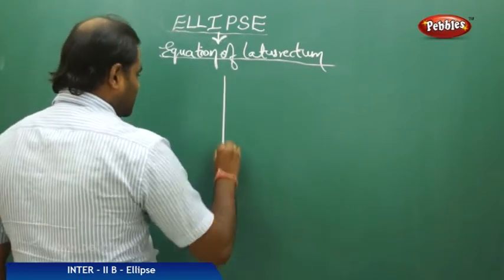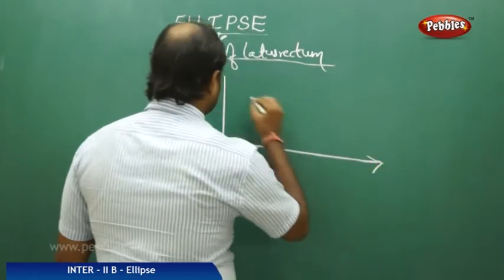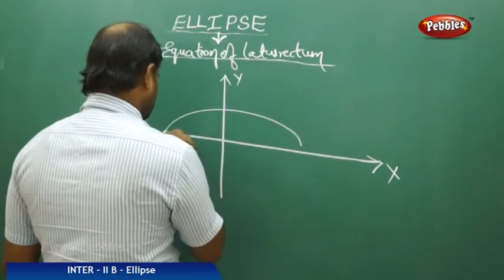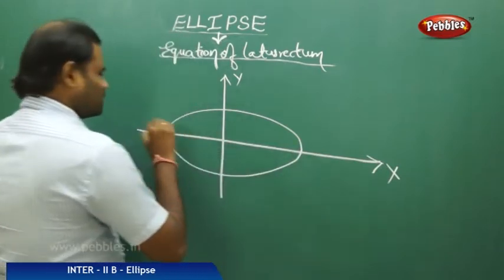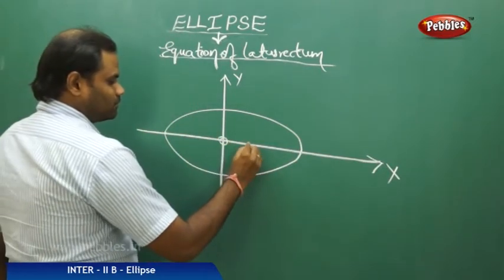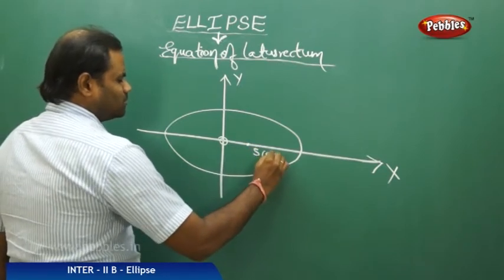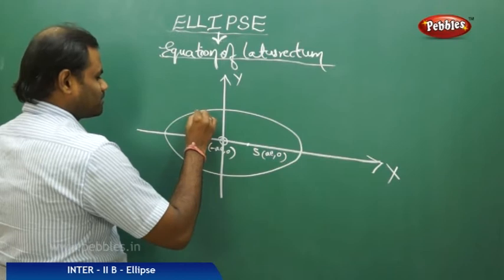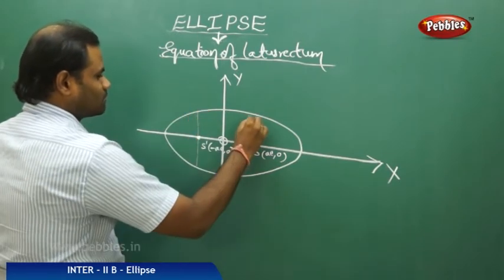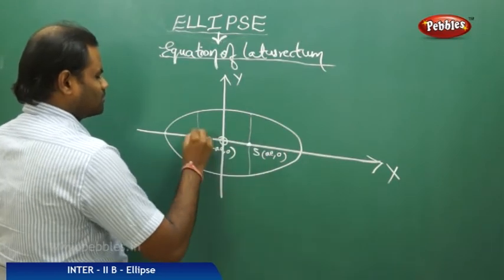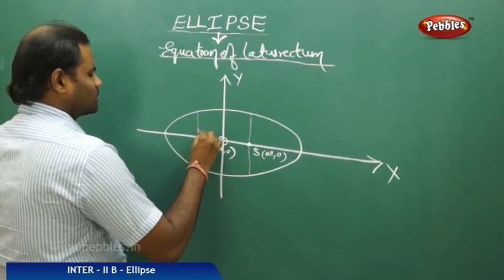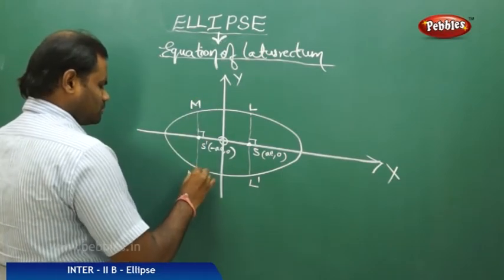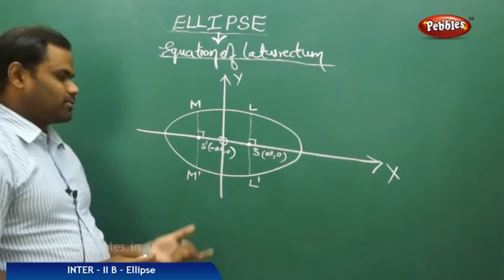So in this case, I have an ellipse with X and Y axes, and we have the latus rectum through (ae, 0) and another latus rectum through (minus ae, 0). That is how we get the two latus rectum.